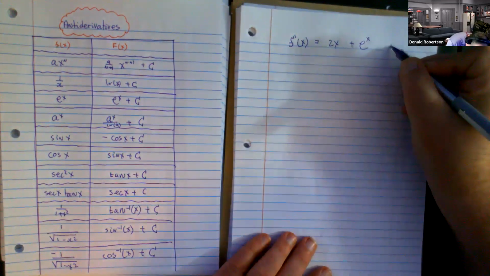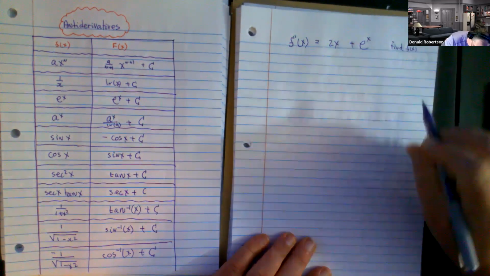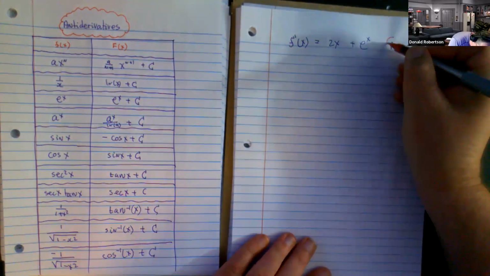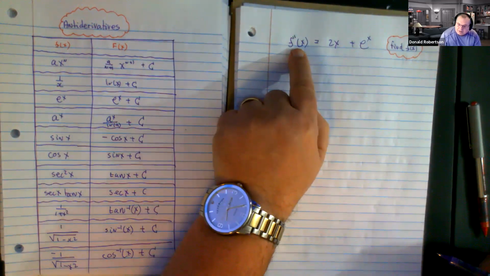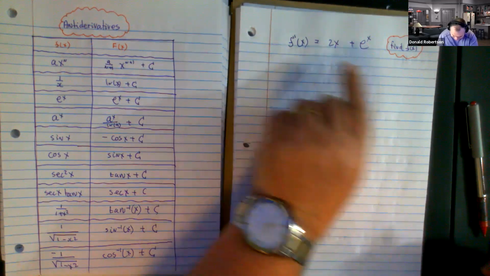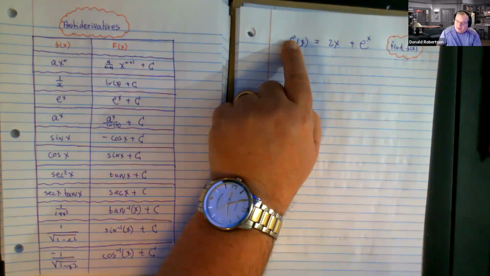And I asked you to find that. And we're going to use antiderivatives. In other words, we're going to undo differentiation. Undo.